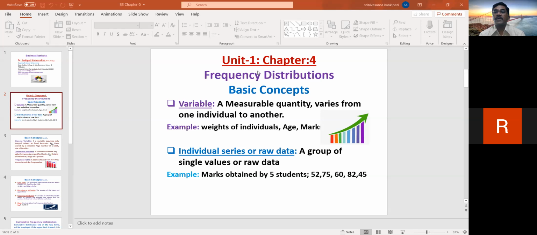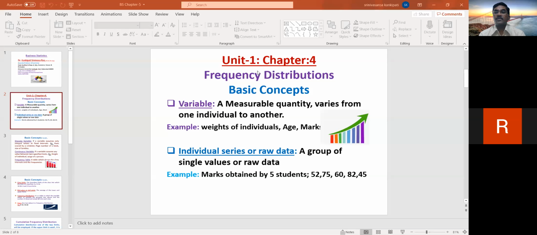And you have age also. Different age groups will be there. It is also unique from person to person. As per the age, he enters into different stages.